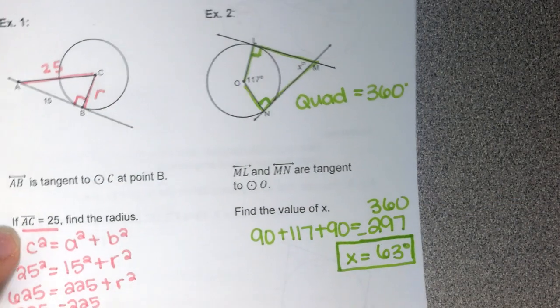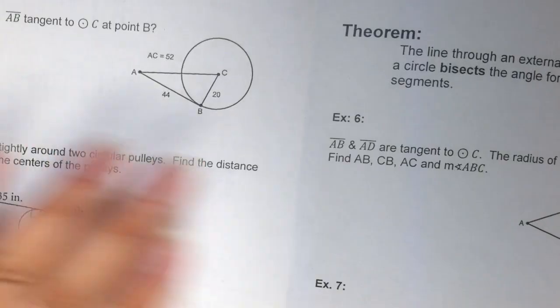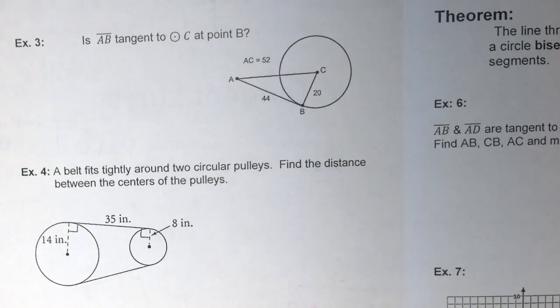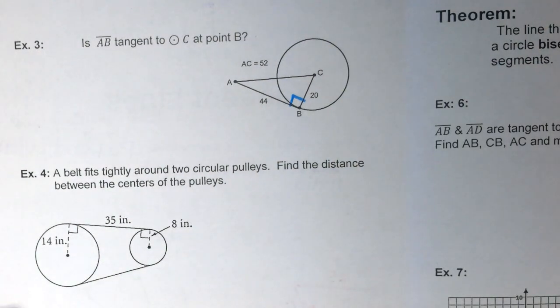Alright, if you can open up your notes, has everybody got both of those down? Okay. The next question, which you're going to see on your homework, says, is AB tangent to C at point B? How do I know if something is tangent to a circle? It would have to be 90 degrees with the radius.